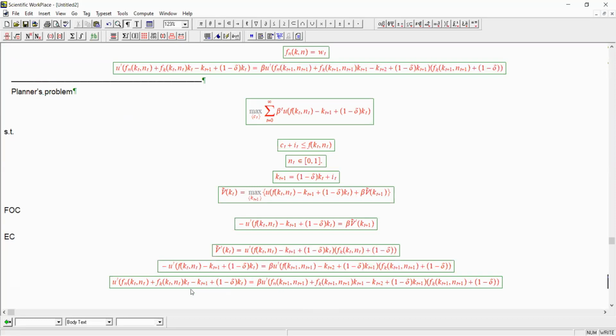First of all, notice that this is actually originally this condition. The reason we don't have n there is because we plugged in 1. And you remember that because f is constant returns to scale, this actually equals output.